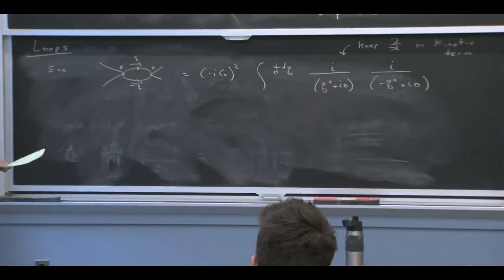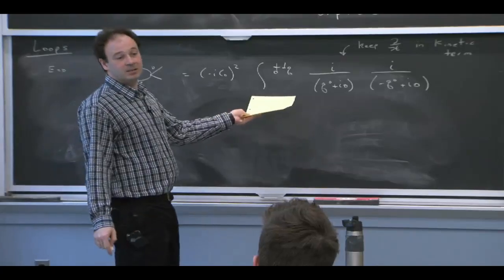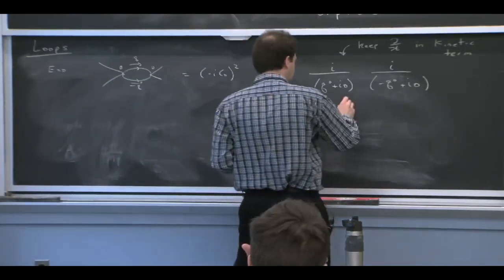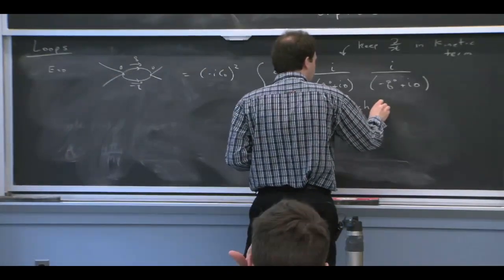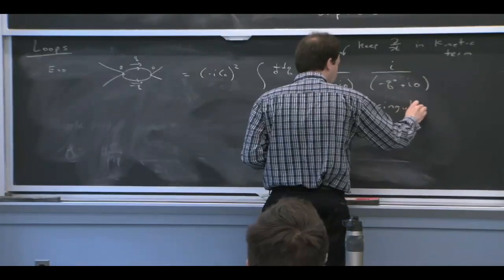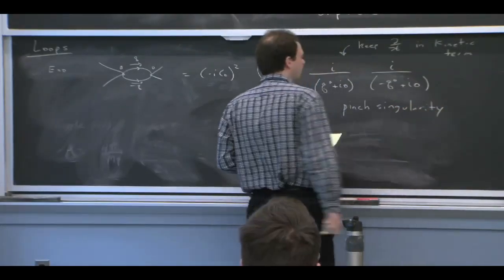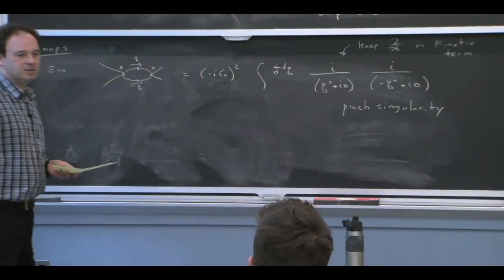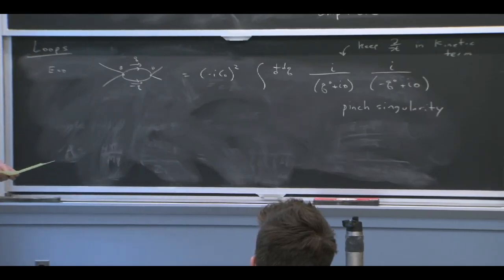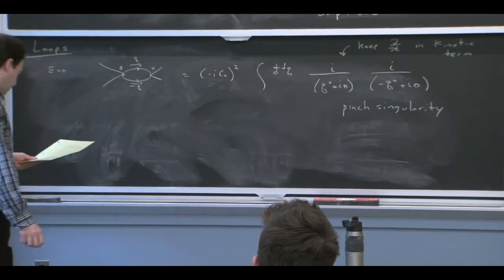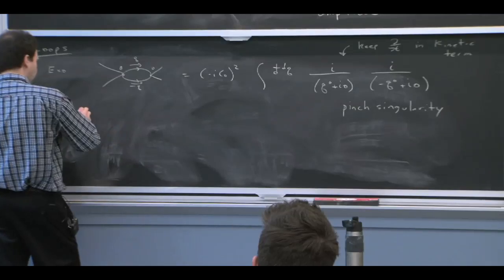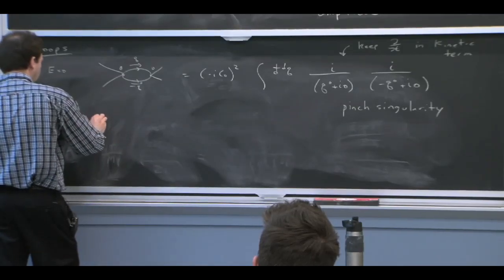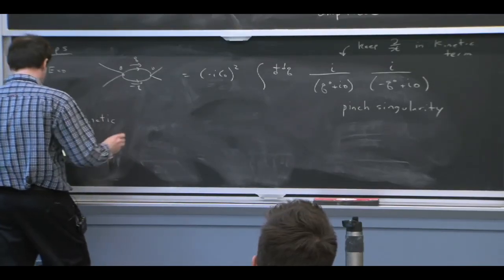And that's a bad integral. It's got a pinch singularity. It's an ill-defined integral. So just from that little algebra, we see that actually keeping just the partial d by dt in the kinetic term is not the right thing to do for this theory. And that's because the kinetic energy is a relevant operator in quantum mechanics.